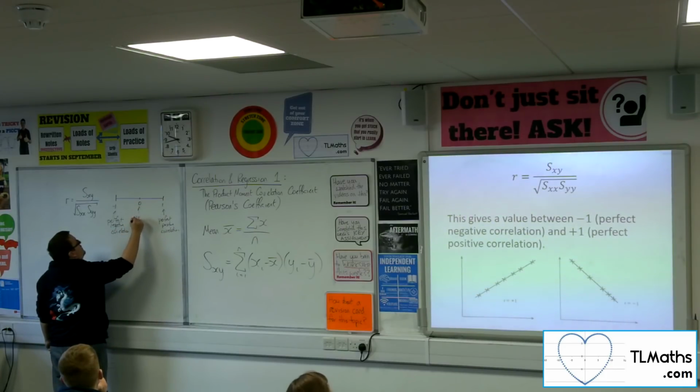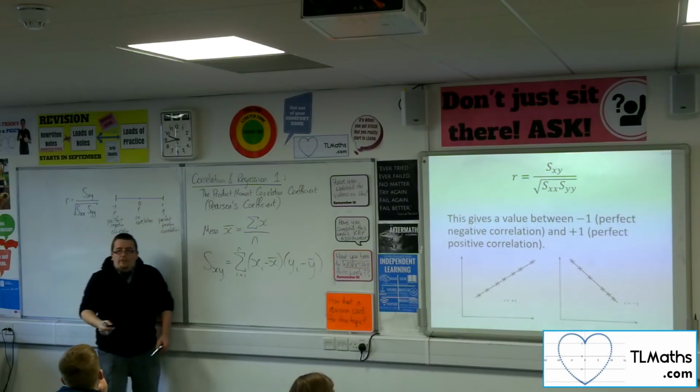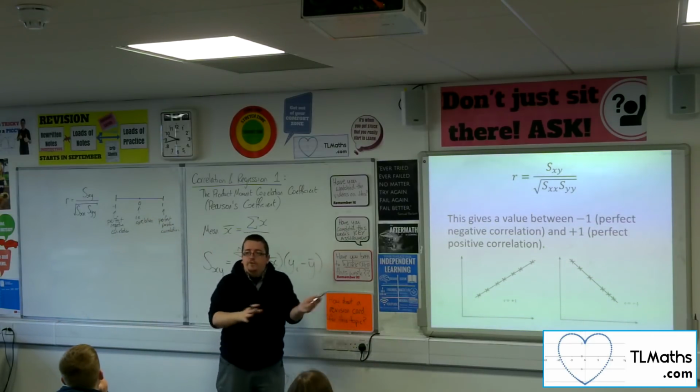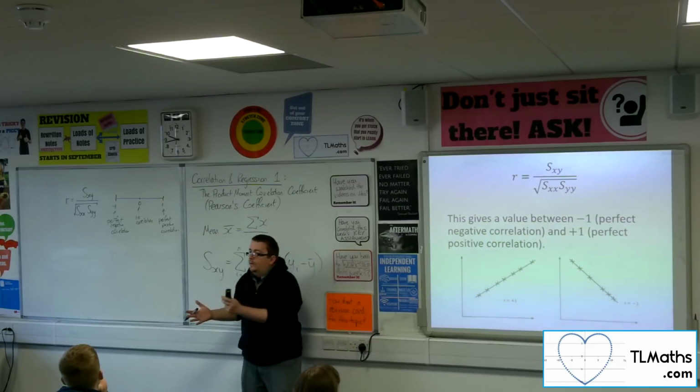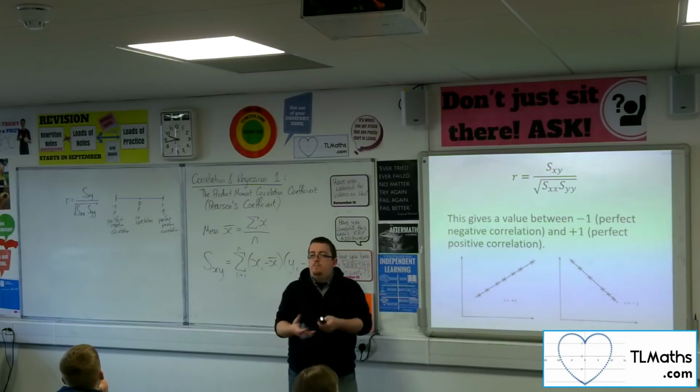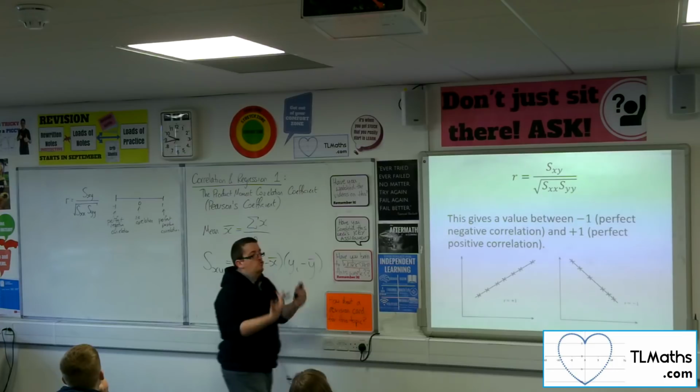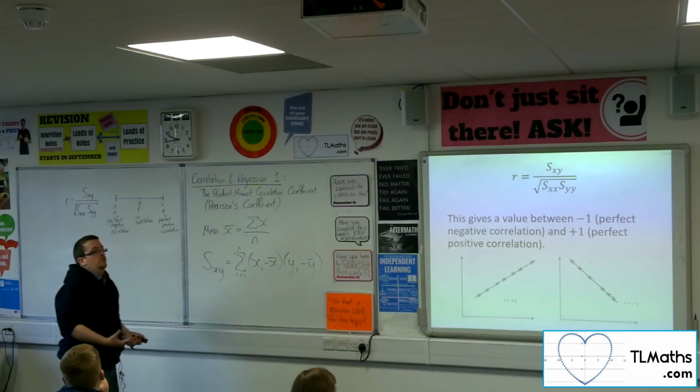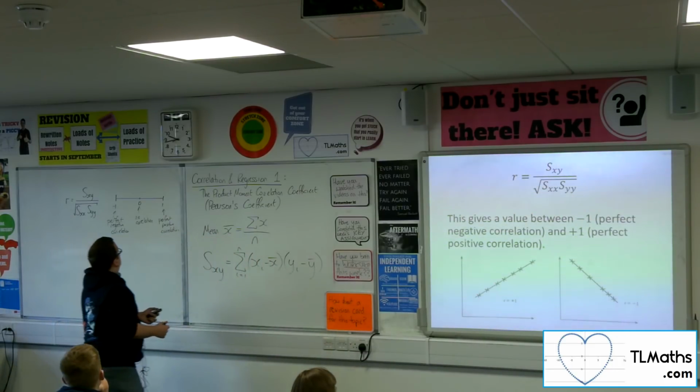And 0 is no correlation whatsoever. And so anywhere between that, you've got varying levels of correlation. So 0.8, 0.9, 0.95, these are getting stronger positive correlations. Okay?